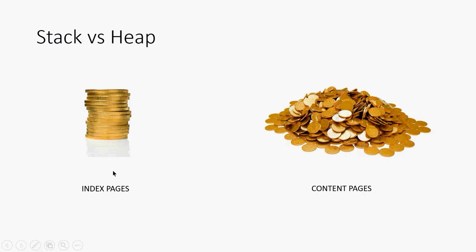You can take an analogy to a book. A book will be containing index pages or content pages. So these index pages are the stack, and the heap is the content pages, the actual chapters. Whatever actual chapters we are having, those are called the heap.